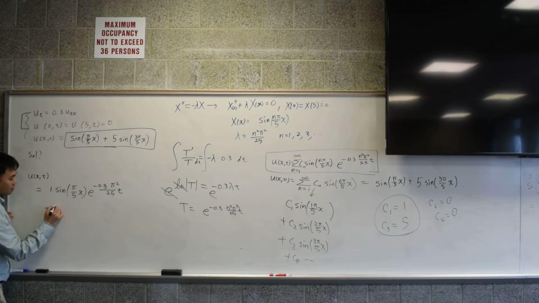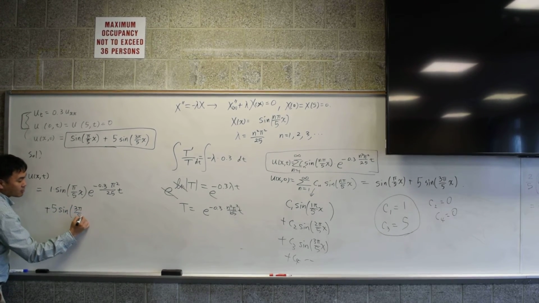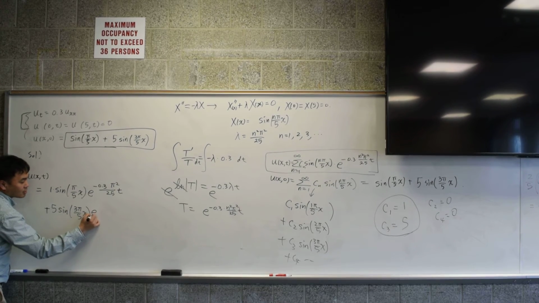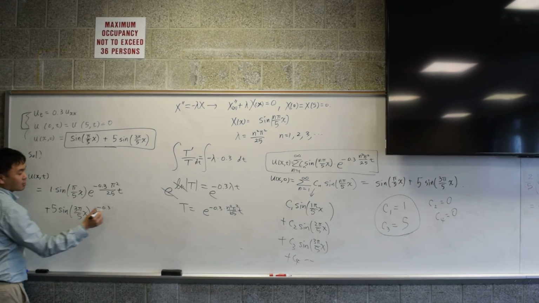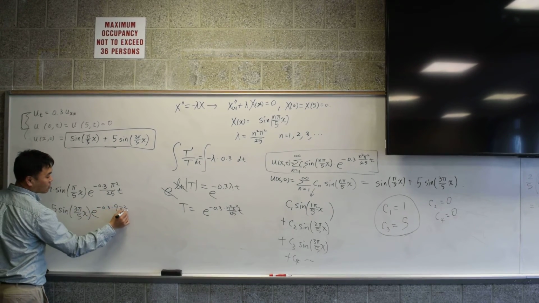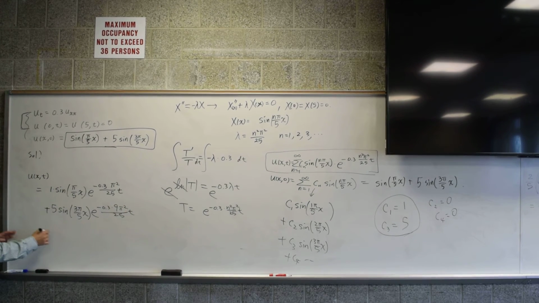C3 is 5 sine of 3 pi over 5 x e to the negative 0.3, and then 3 squared is 9 pi squared over 25 t. And then what do you have? Nothing.